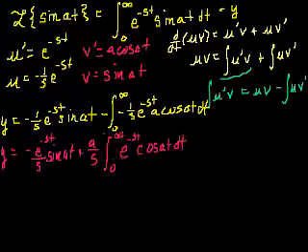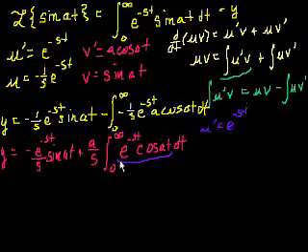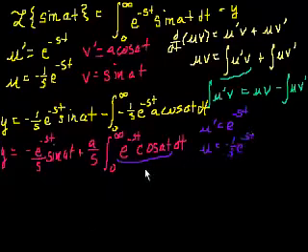Let's do another integration by parts, and I'll do this in a purple color, just so you know this is our second integration by parts. Let's define once again u prime is equal to e to the minus st. Then u is equal to minus 1 over s e to the minus st. We'll make v equal to cosine of at.